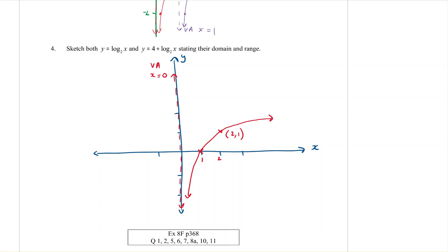But when I sub in 1, 2 to the power of what gives 1? 0. But I've got to add 4 to that. So it now becomes a 5 up here. So at 1, we're at 1, 2, 3, 4, 5, way up here. Okay.